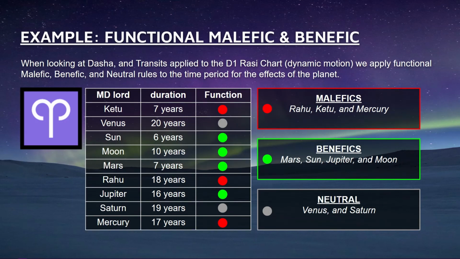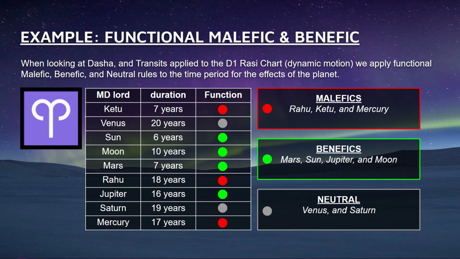Okay, and just to give you an idea of how the functional malefic and benefic planets would be applied to dynamic situations when looking at dashas, transits, ashtakavarga, and so on, here's an example with an Aries rise, and then we'll just compare it to a Taurus rise to give you an idea, and you can extrapolate the theory from there and apply it. But for Aries rise, Rahu, Ketu, and Mercury are malefic.